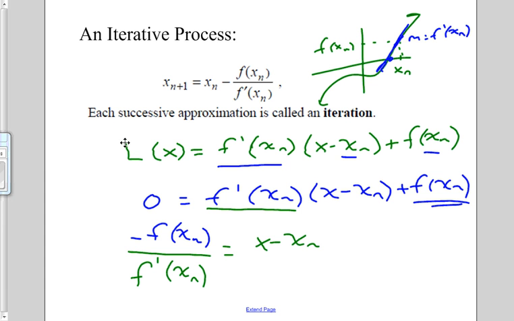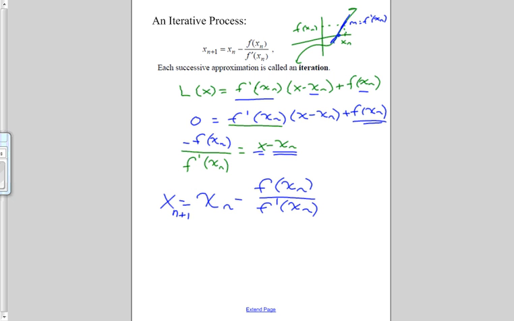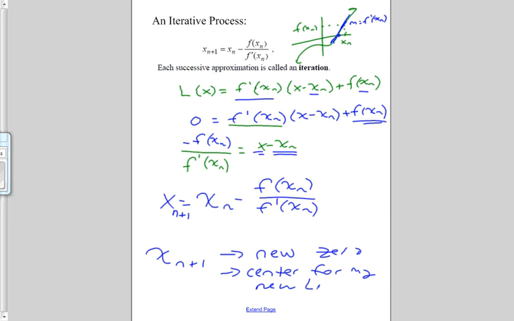And what we're looking for is that x value, which equals x sub n minus f of x sub n over f prime of x sub n. This gives me x sub n plus 1, my new 0, which is the center for my new line, my new L of x.